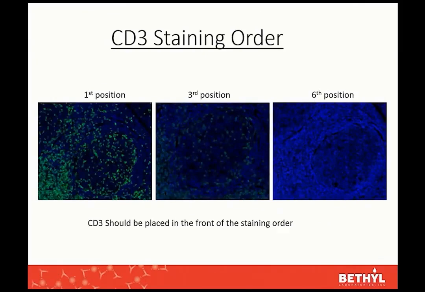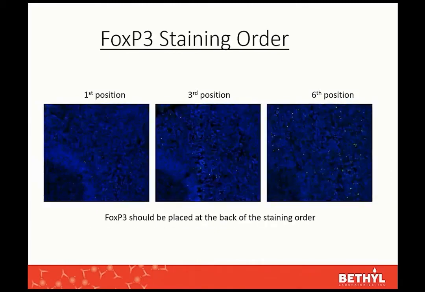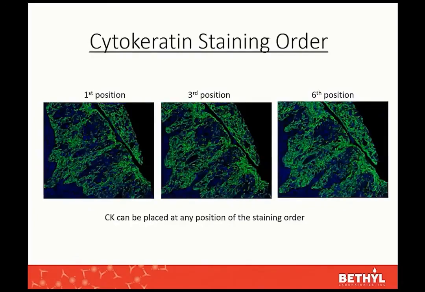CD3 is an example of an antibody that likes to be in the front of the staining order. In contrast, FOXP3 is an antibody that prefers to be at the end of the staining order. And cytokeratin is an example of an antibody that does not care. It can function equally well first or last or anywhere along the staining position.